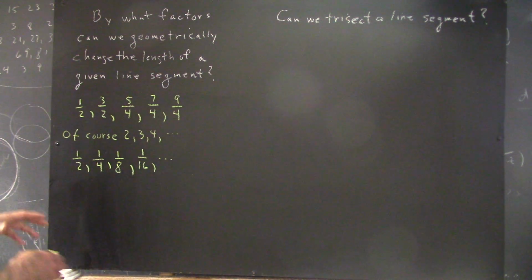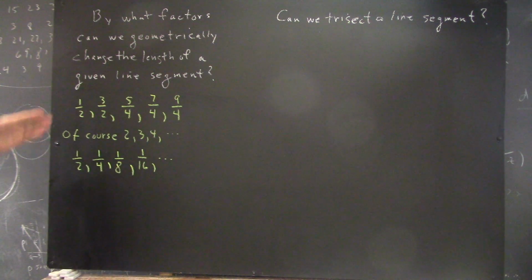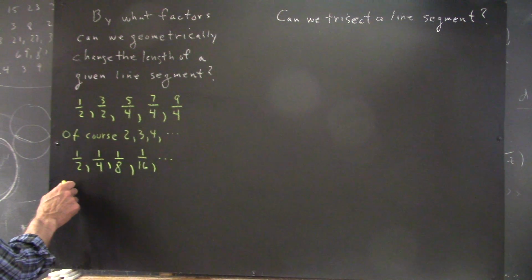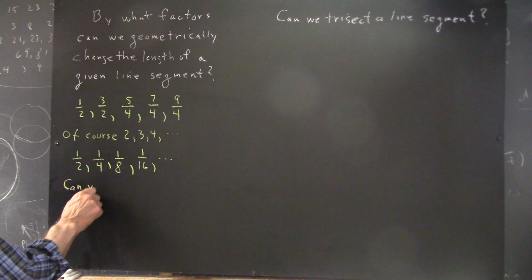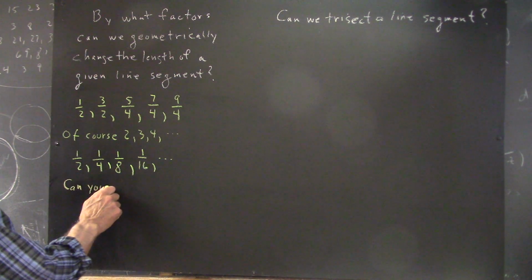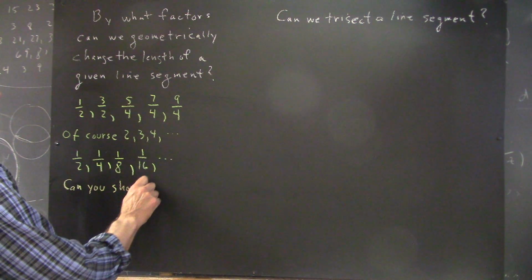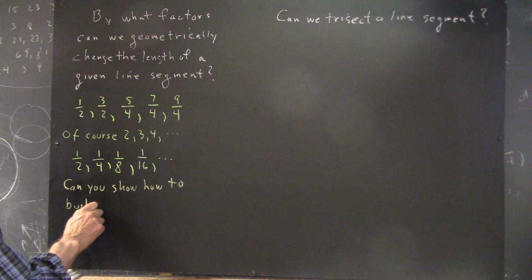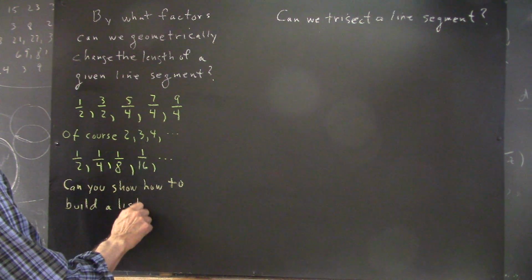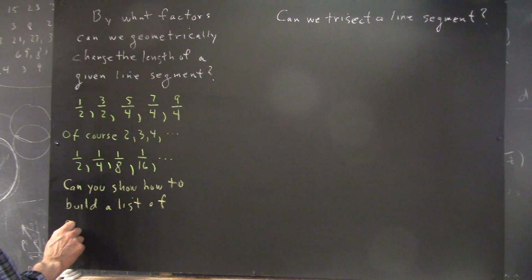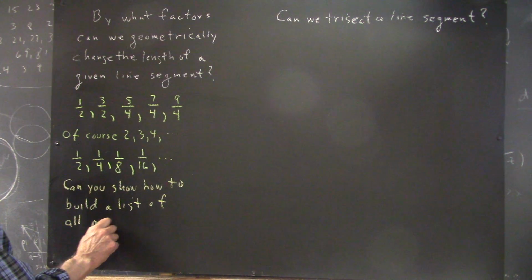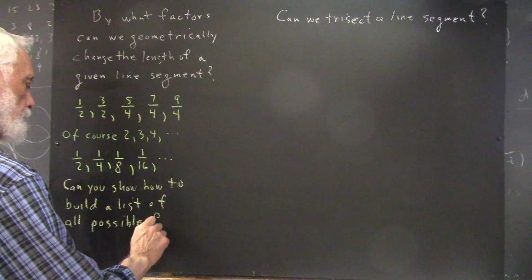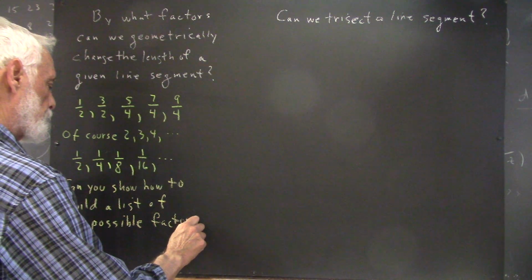What fractions can you get if you know that we can get all these, and are there others? Okay, so the question here now is, can you show how to build a list of all possible factors?